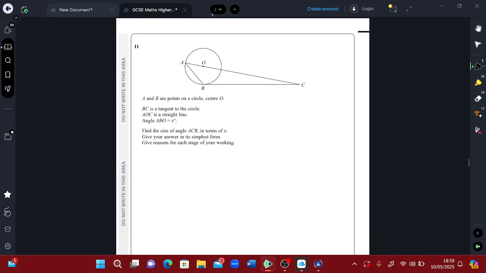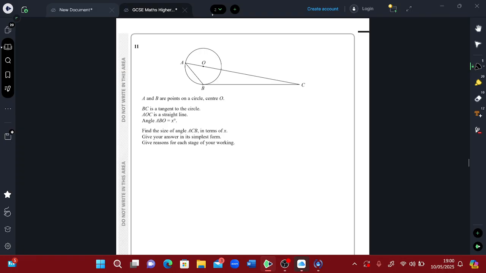Circle theorems. I've not done circle theorems in ages. Okay, so we have some information here. We have AB a point, center O. BC is the tangent to the circle.